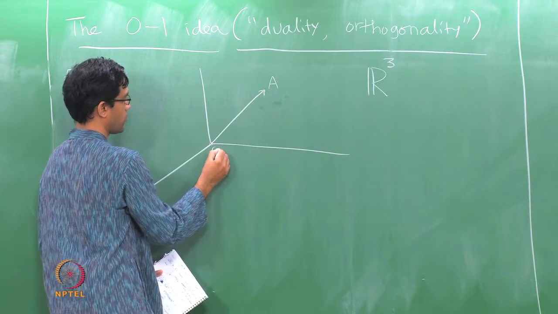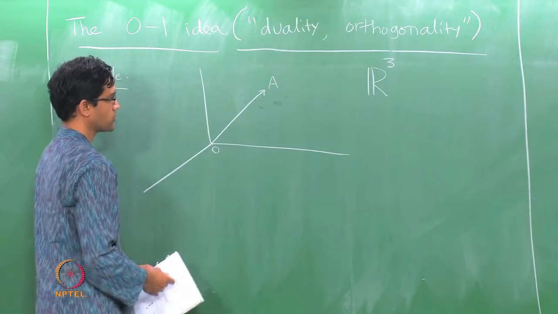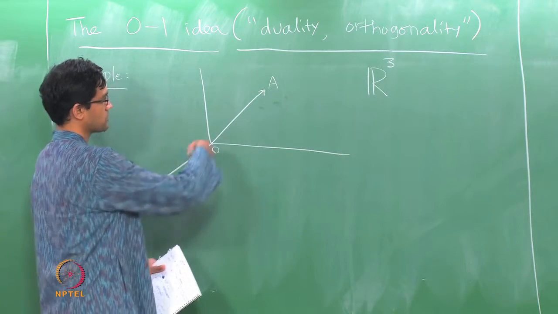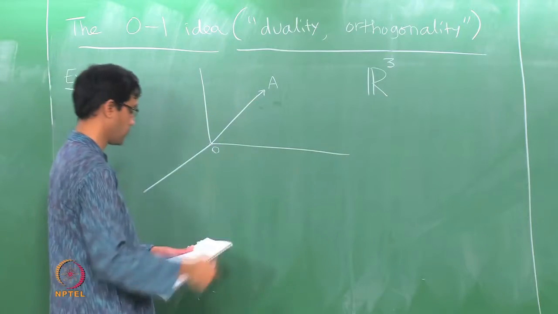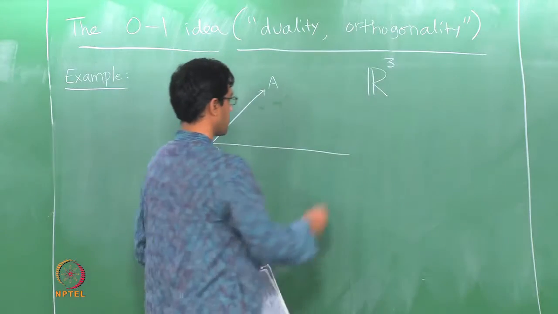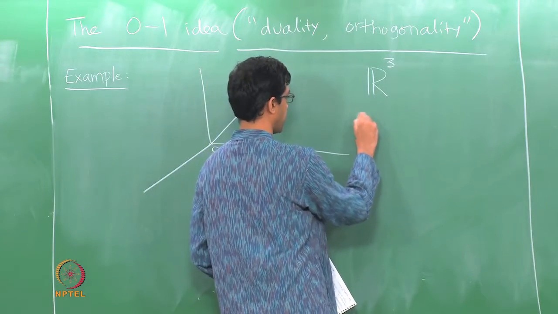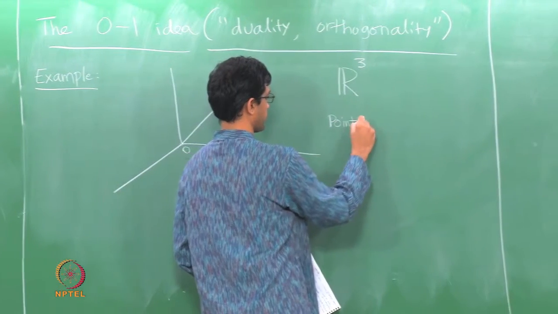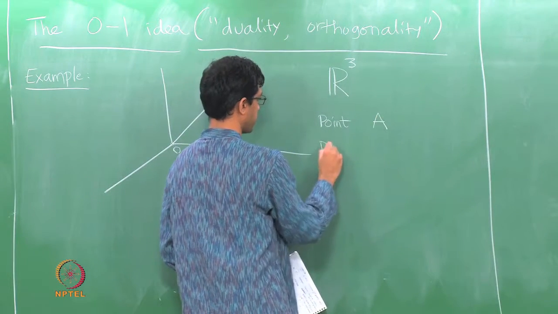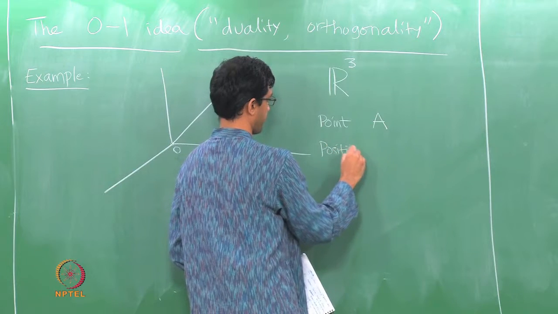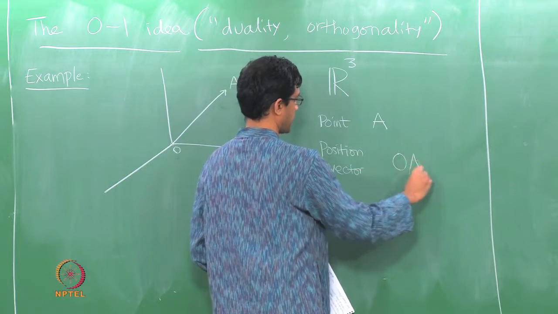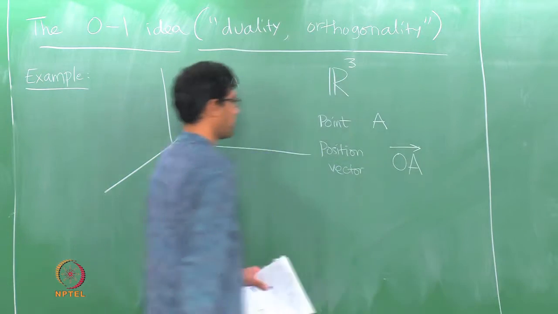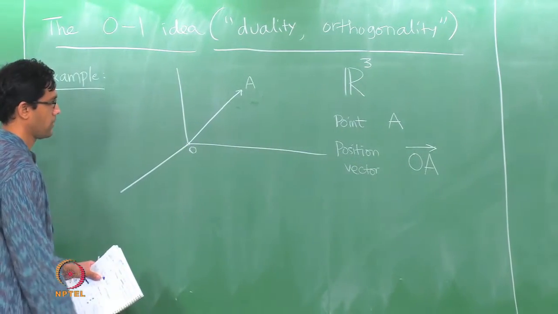Let us call the origin O, and the position vector of the point A is the ray which points from the origin to the point A. So A is the point and its position vector, if you wish, is usually denoted OA. It is the ray from the origin to that point.